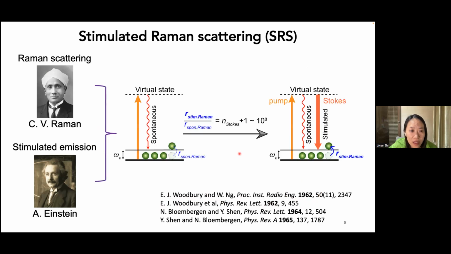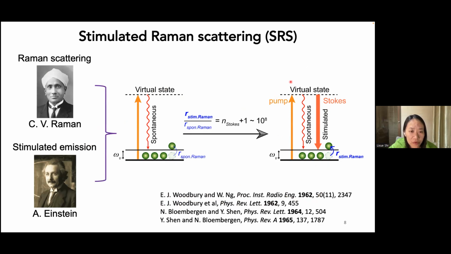So instead of using a single laser as in spontaneous Raman, stimulated Raman requires a coincidence of two lasers, one for excitation named the pump beam and one for stimulated emission named the Stokes beam.